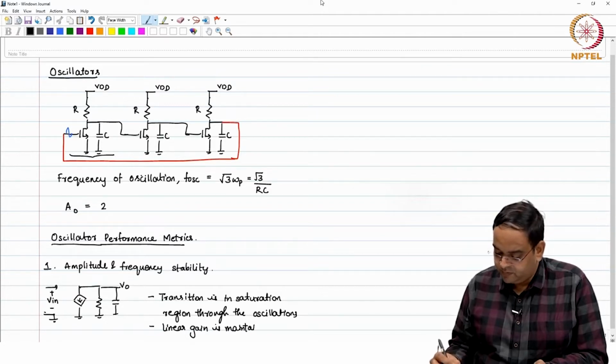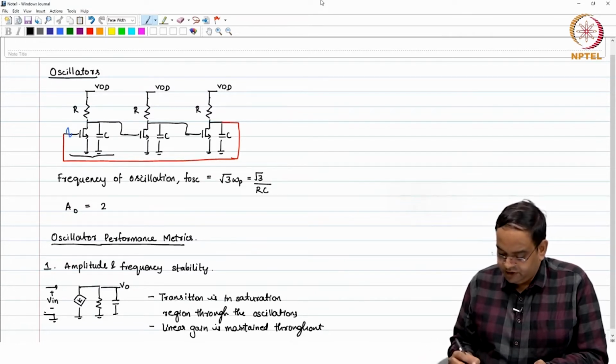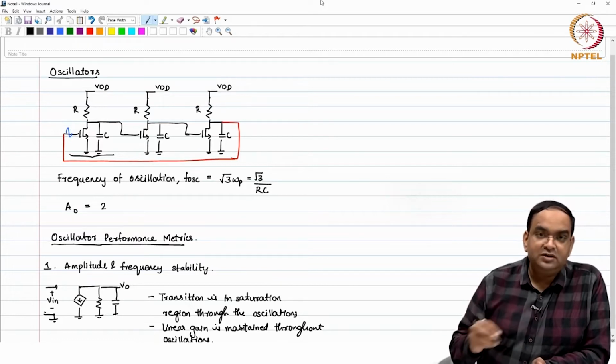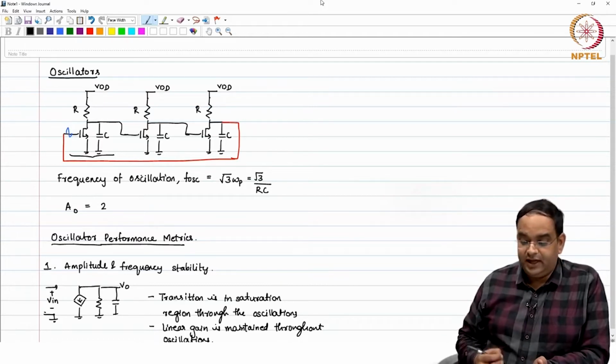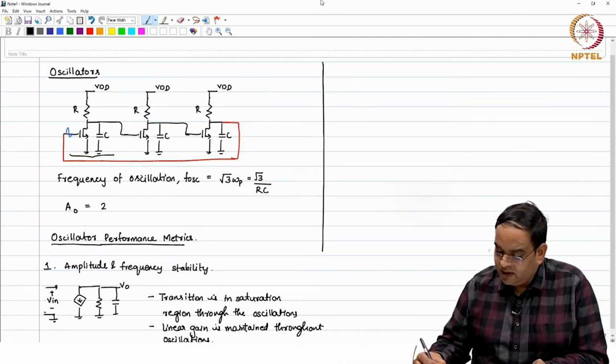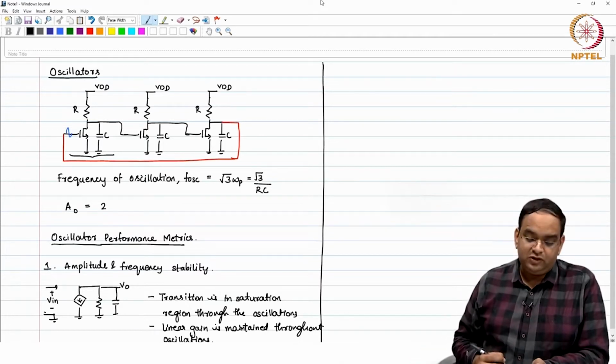Now, you can ask a question: what will be the output swing? Well, the oscillation analysis using the Barkhausen criterion did not impose any kind of amplitude limit on this particular oscillator.